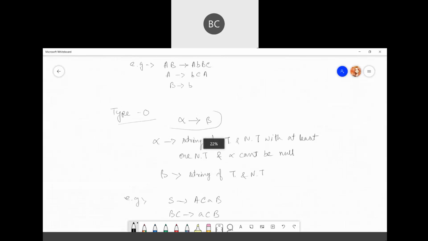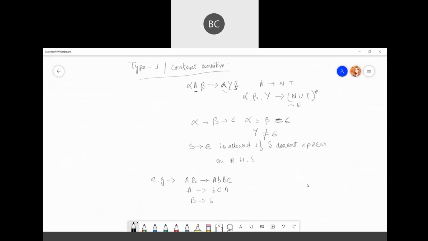For type 1, it should be in this form. Your A is always a non-terminal or variable. Then whatever variable there, that will be a string of terminals and non-terminals. And alpha and beta can be empty. This string can be empty. Okay, but this Y will never be empty.